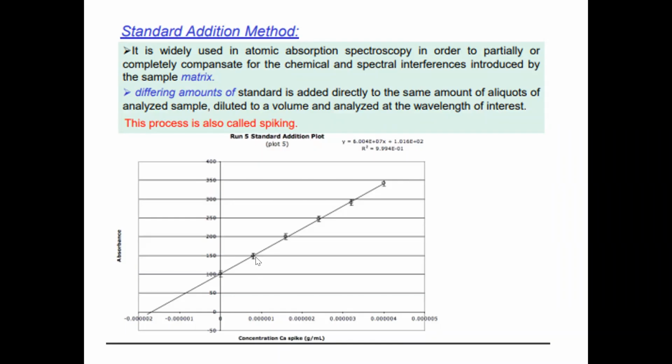You spike it with that, and then you get a reading plus whatever it was reading. And then you add another 5 milliliters. Then 10 milliliters, the concentration has increased, and that gives you a reading from 10 milliliters plus what was there. So then that is linear. That is a linear response.